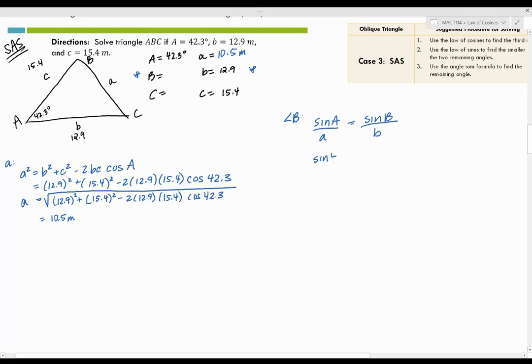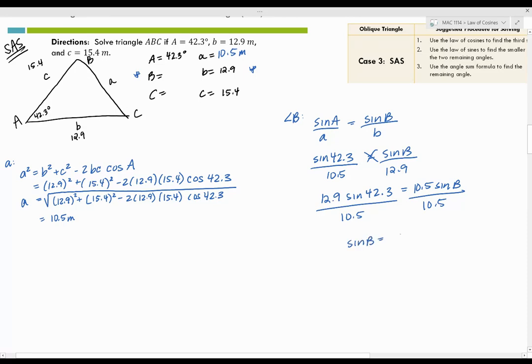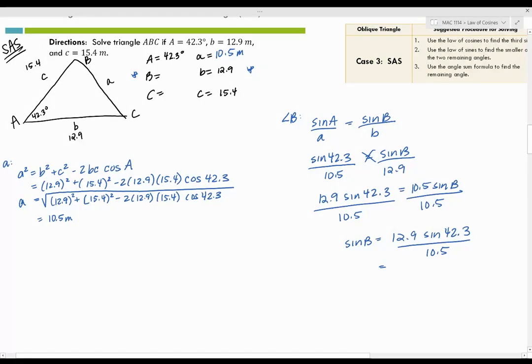I'm going to plug in what I have and cross multiply. I need sine B by itself, so I'm going to divide by 10.5. So that's 12.9 sine 42.3 over 10.5. I'm going to plug this into my calculator to get a decimal.